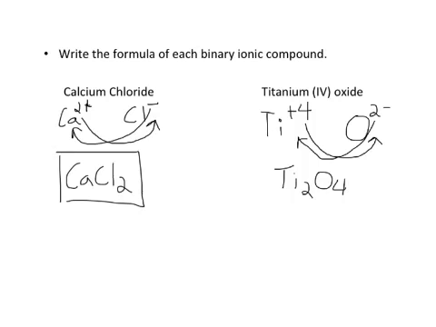And that's different than the TiO2 that I just said. So if we can reduce the subscripts, we want to do that. We want the smallest whole number ratios in the formulas for these ionic compounds. So 2 and 4 are both divisible by 2, so we can reduce it. So the correct formula for titanium(IV) oxide is TiO2.